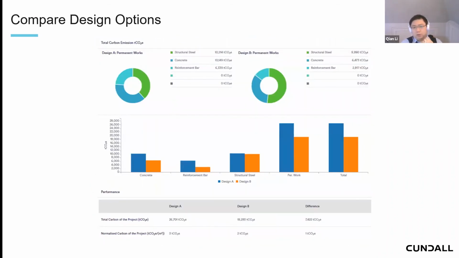And again, the tool enables you to compare different material specifications and their impact on the design overall. When the contractor is on board, they can provide input to demonstrate what the as-built data is.